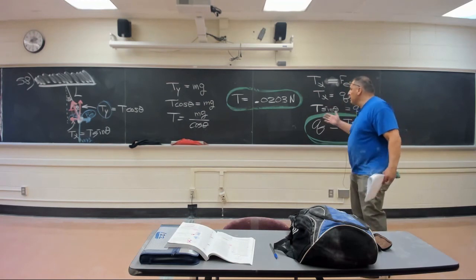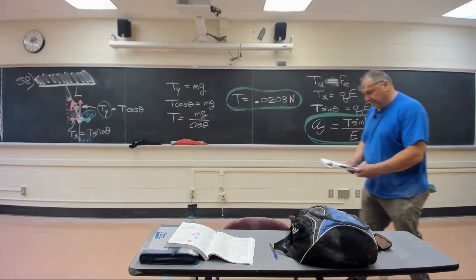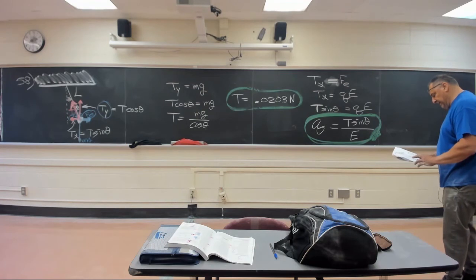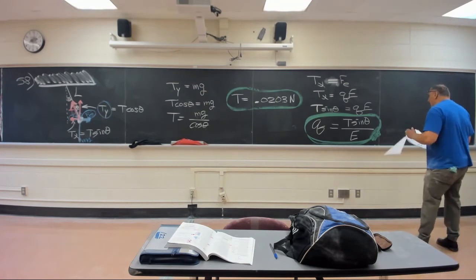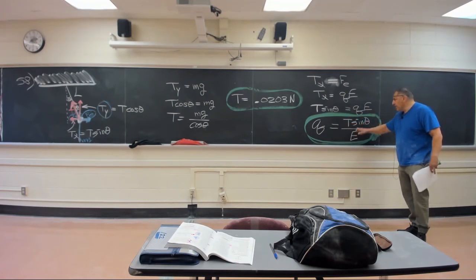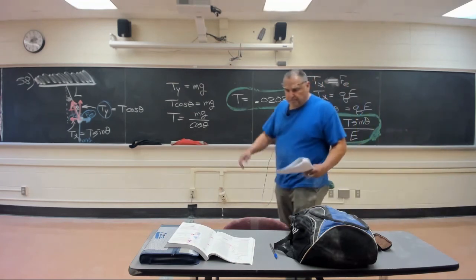Theta, we said, is 15, so it should be sine of 15, you guys. We already solved for T. Plug in the value of T for which you have an answer, right over there. Plug that in here. The value of T times the sine of 15 degrees divided by E, and E is 1,000 newtons per coulomb.